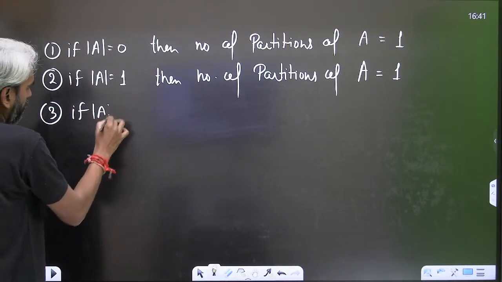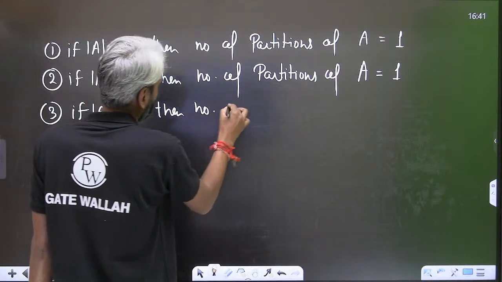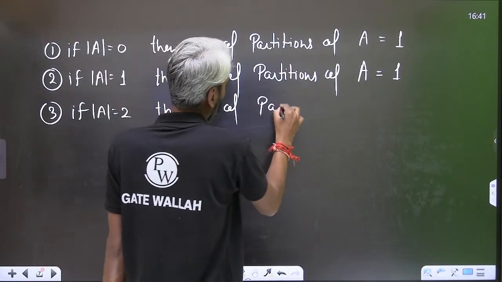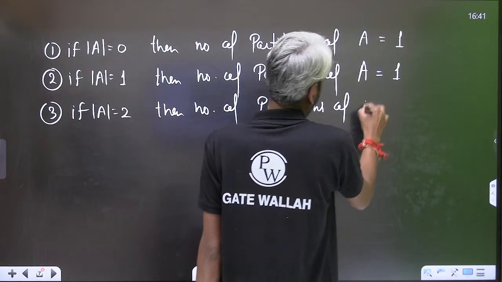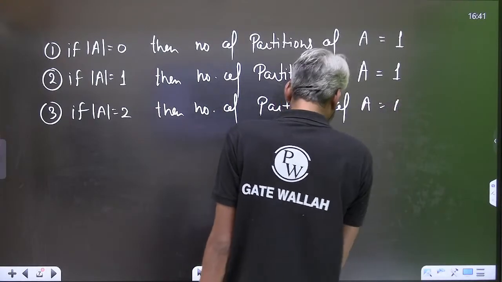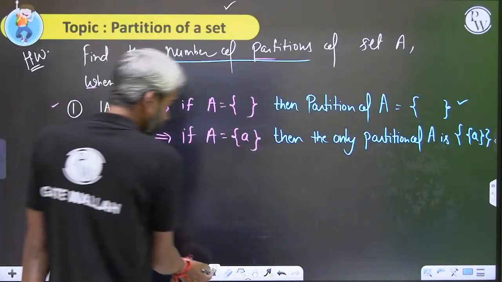Third, if mod A equals 2, then the number of partitions of A will be how many? Please tell me. So let's try to understand this.